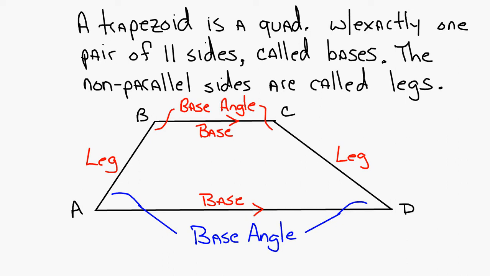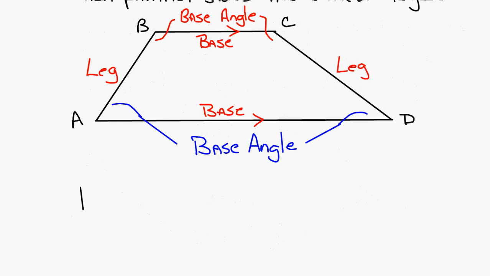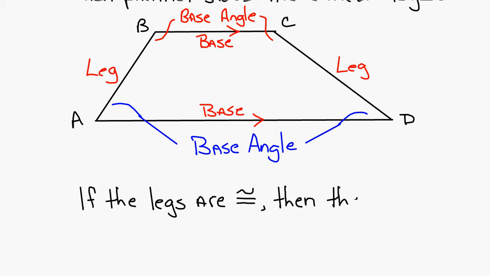And let's say here that if the legs are congruent, then the trapezoid is isosceles.